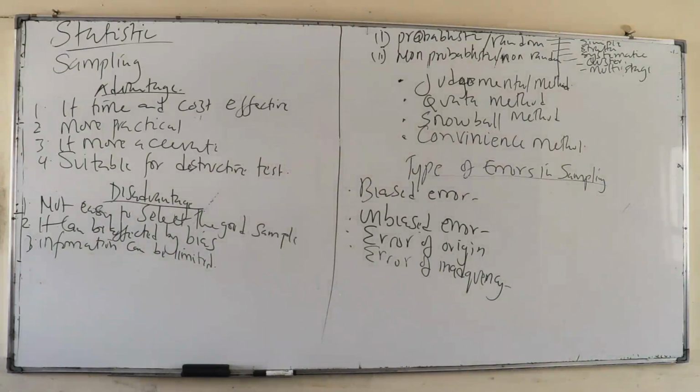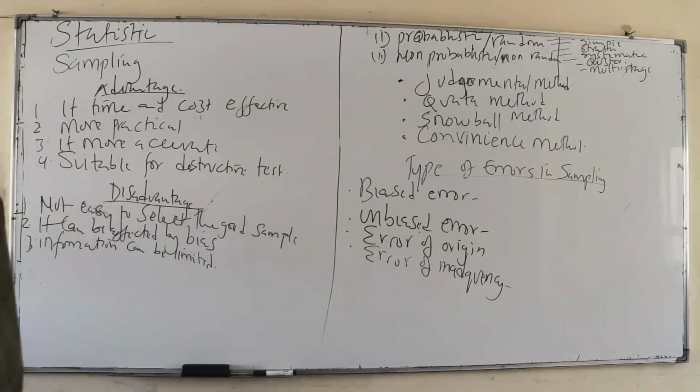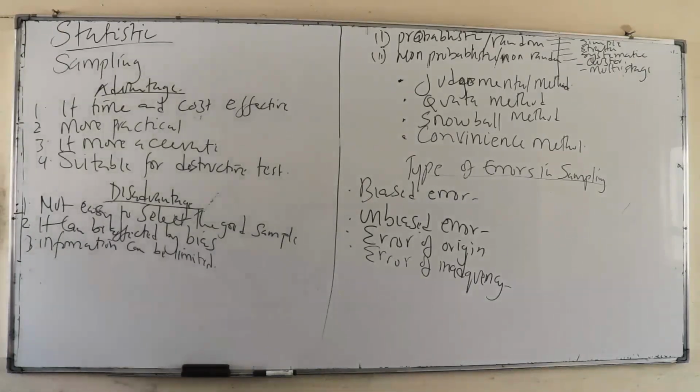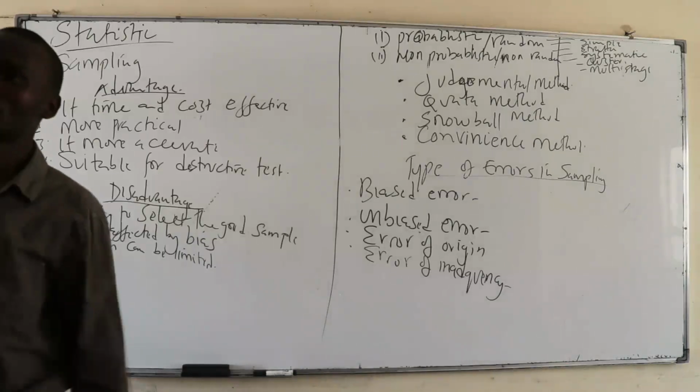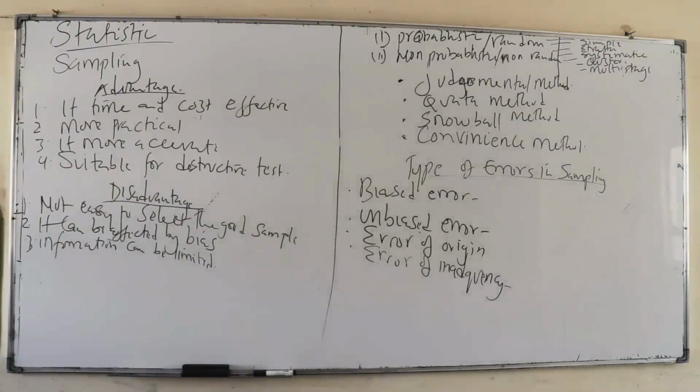So tumesema kwa data collection, we say statistics itself is a method or a process of collecting, recording, presenting, and then interpreting data. So the first method we have done is collection of data, and we say it's divided into 4 parts.